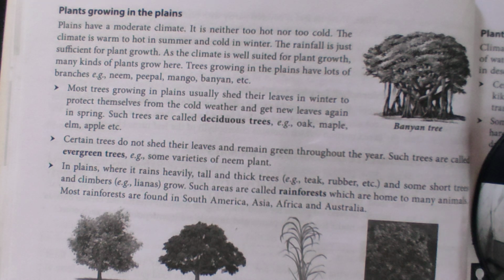In plains where it rains heavily, tall and thick trees like teak, rubber, etc., and some short trees and climbers, for example lianas, grow.